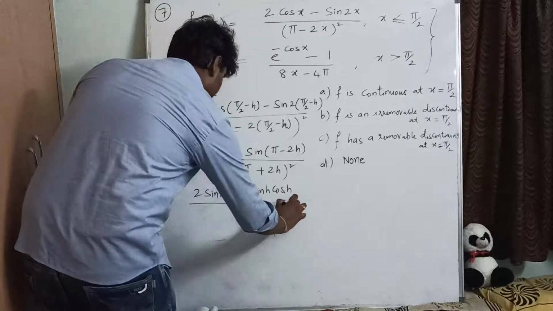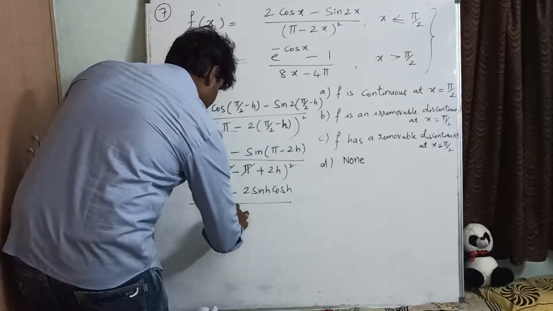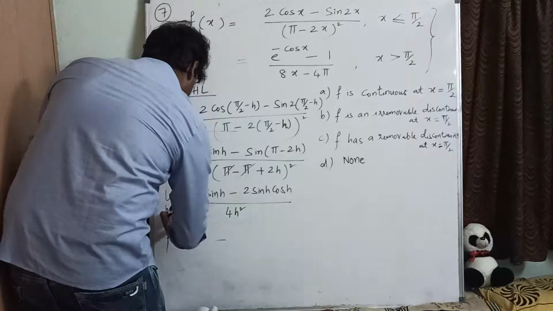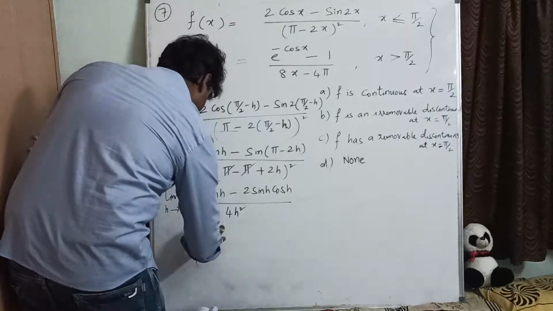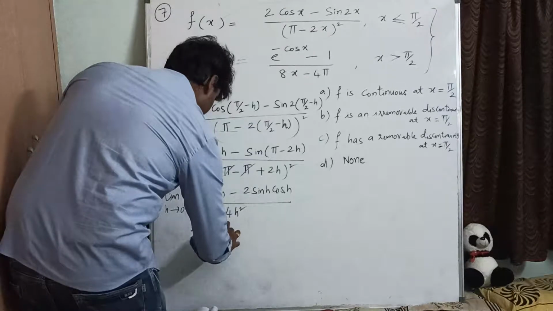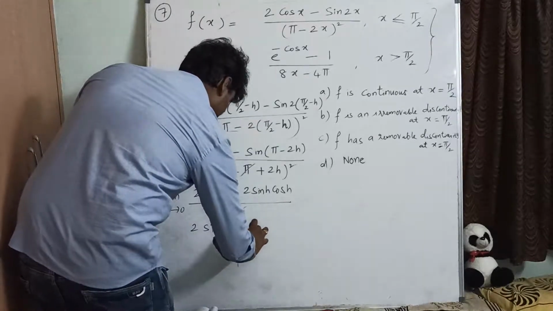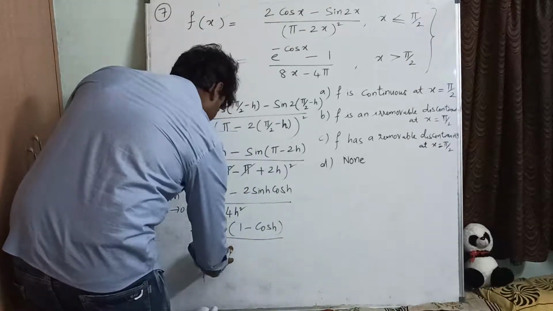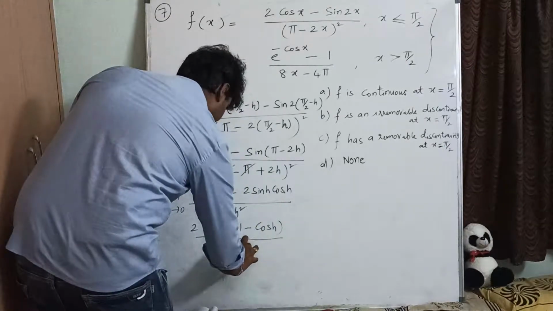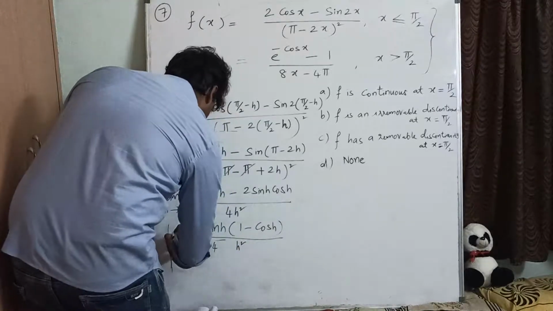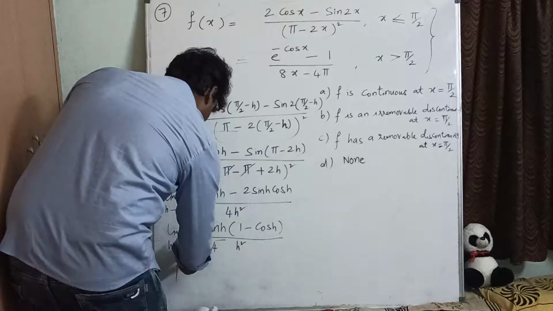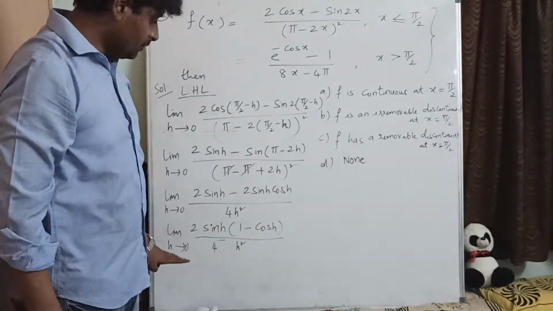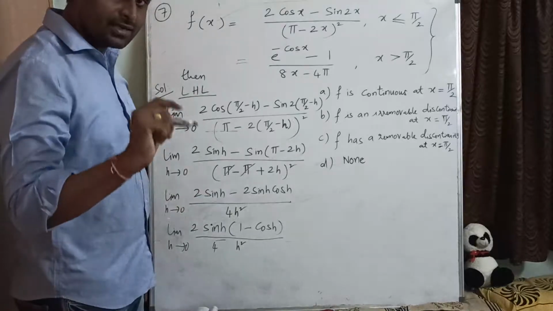Now here pi gets cancelled, and 2h whole square gives us 4h square. So limit h tends to 0. If you take 2 sin h common, what will you get? 1 minus cos h, divided by 4 and h square. Why am I going to combine these two? Because there is a formula for cos: limit x tends to 0 of 1 minus cos x by x square gives you 1 by 2.